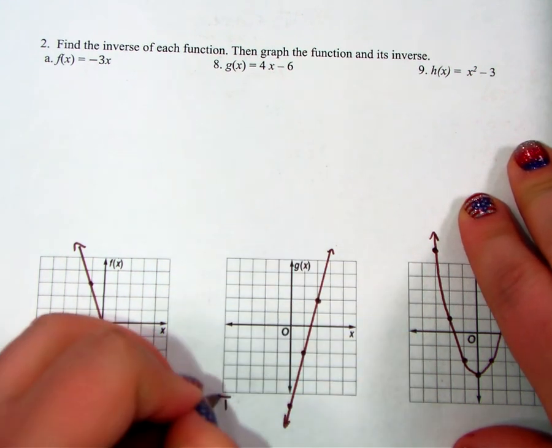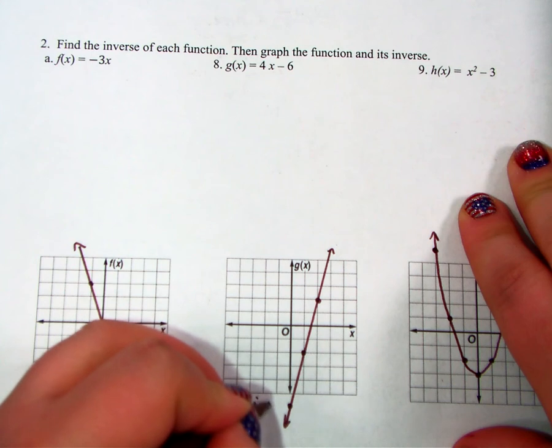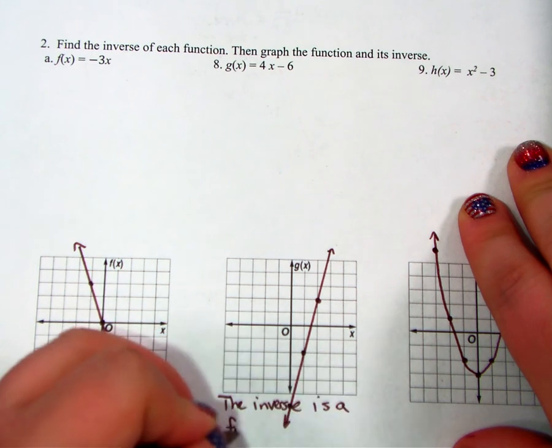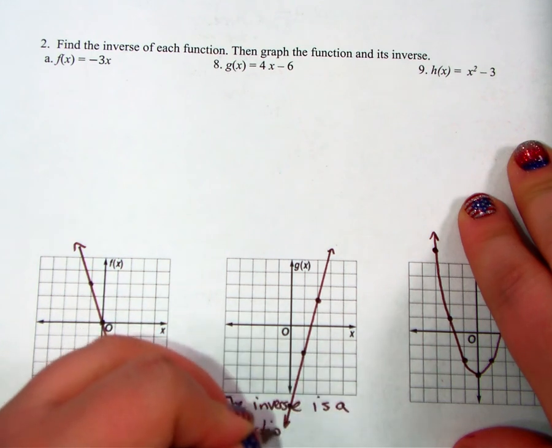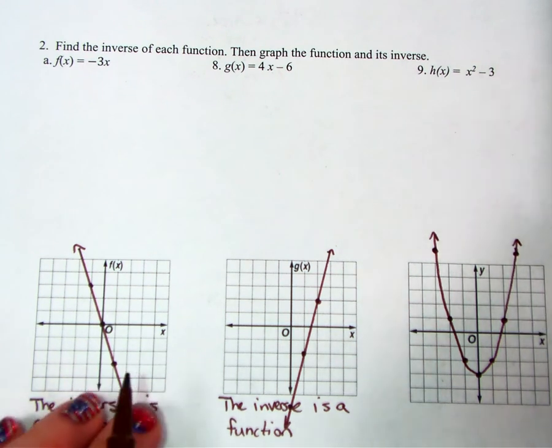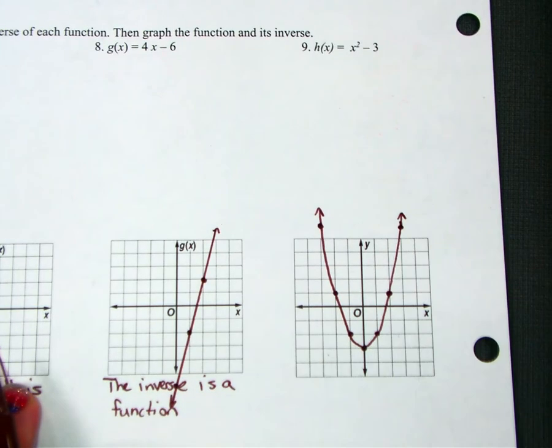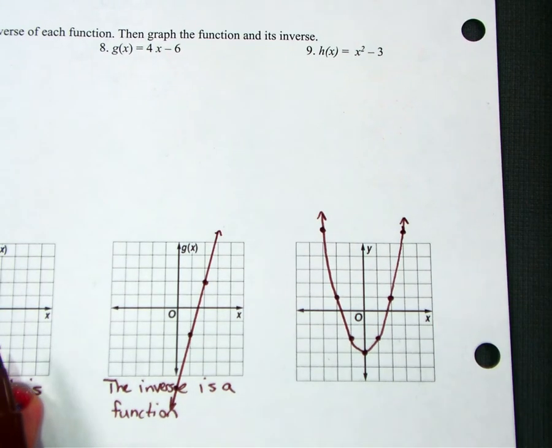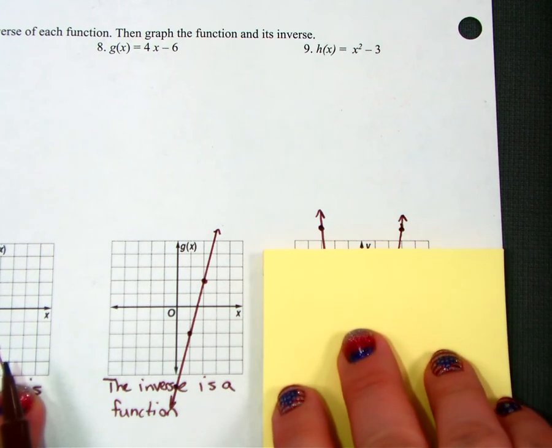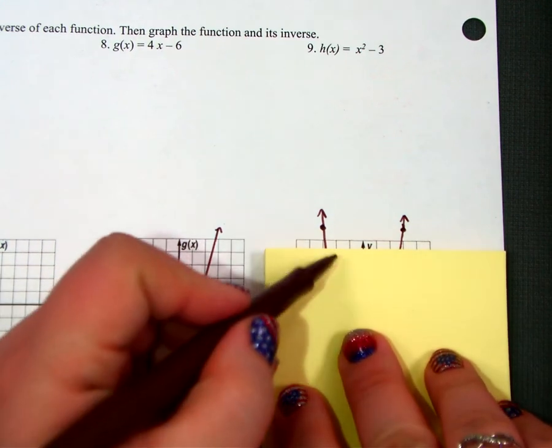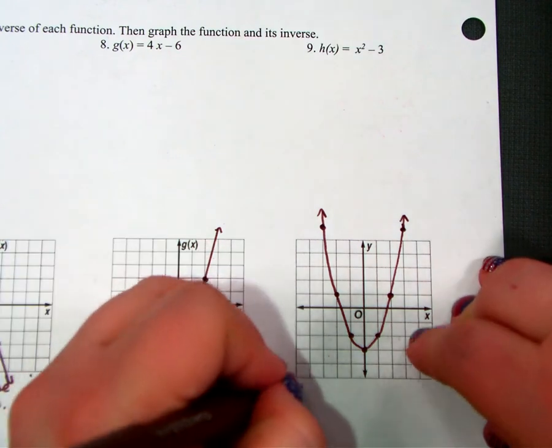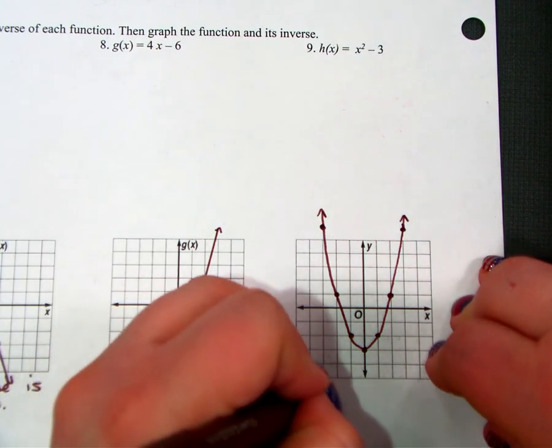It passes, so the inverse is a function. Take a look at the last one. This does not pass the horizontal line test. It touches the horizontal line in two places. So the inverse is not a function.